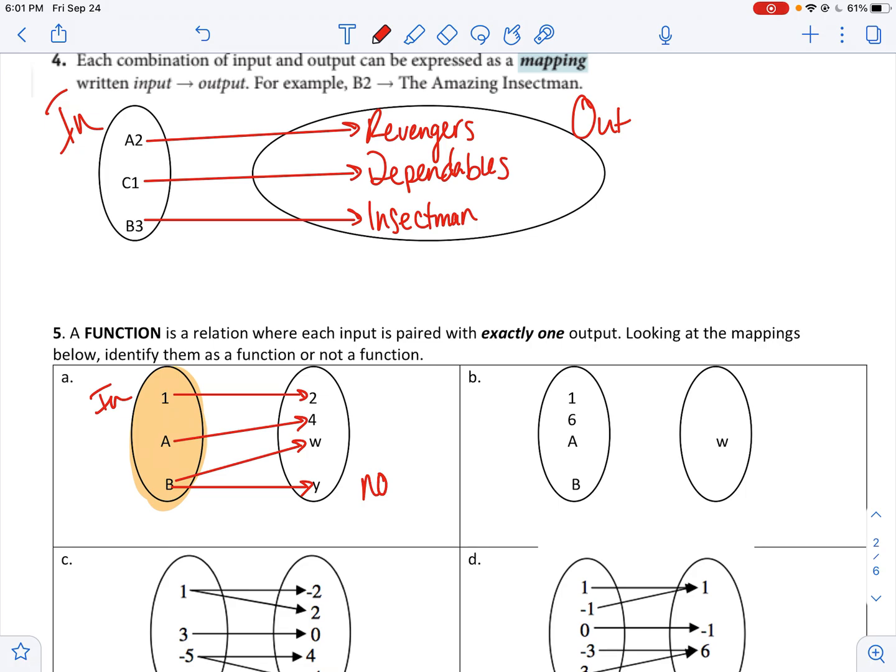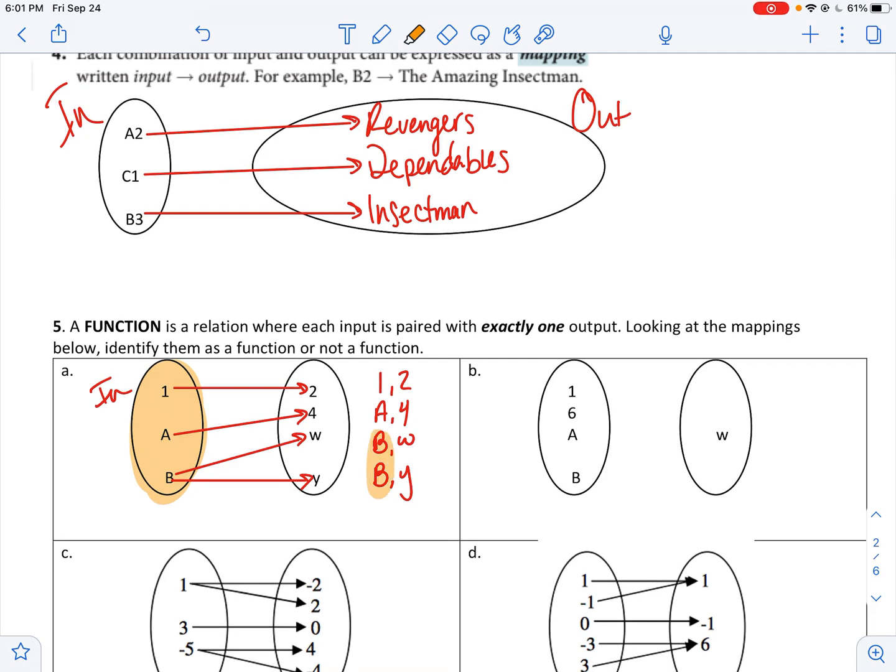B goes to W, B goes to Y. Now you could also write these as ordered pairs. You could say 1 goes to 2, A goes to 4, B goes to W, and B goes to Y. And you'll notice that B shows up twice. It has 2 outputs, so that does not work.